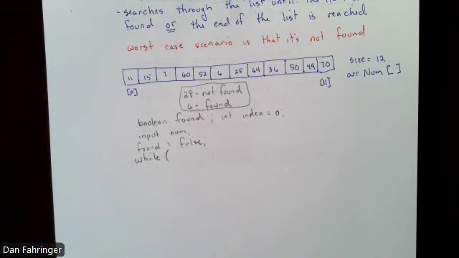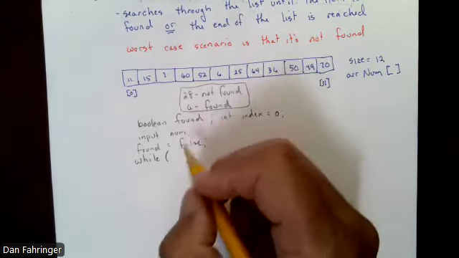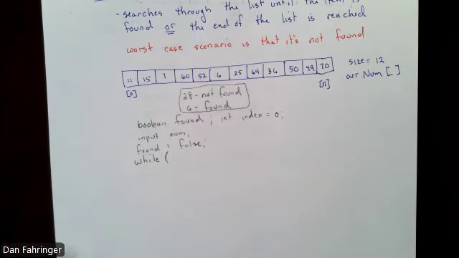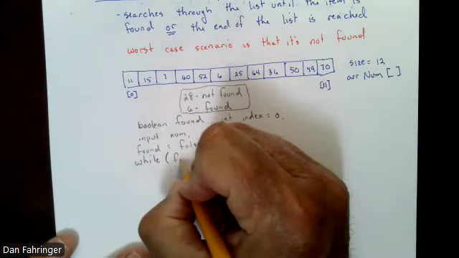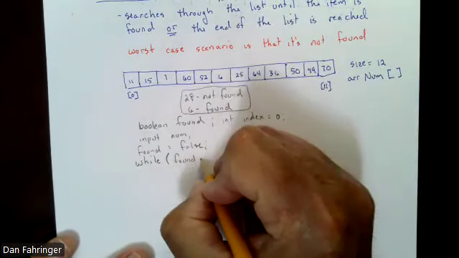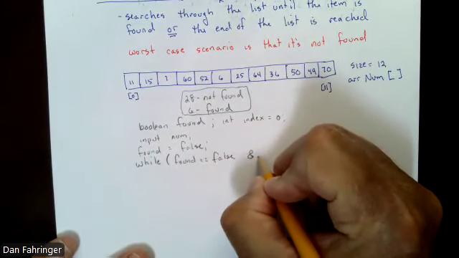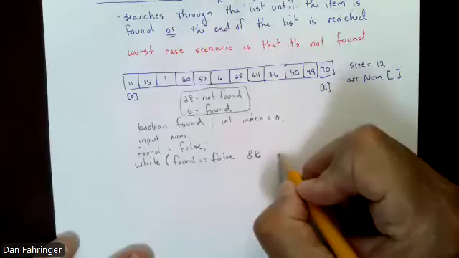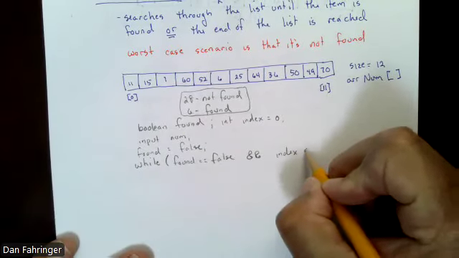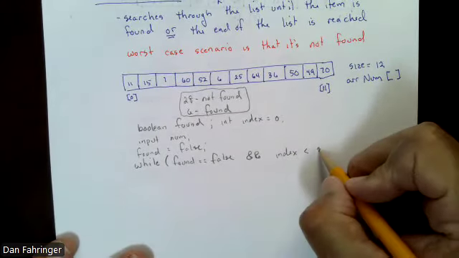What's going to make me keep looking? While found is false. While found equals false, and index is less than size.